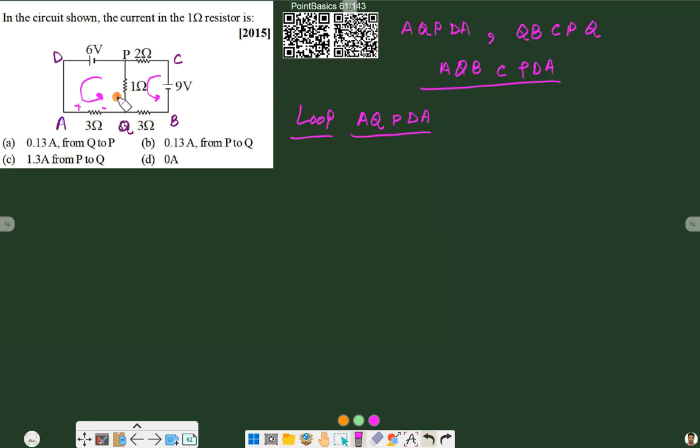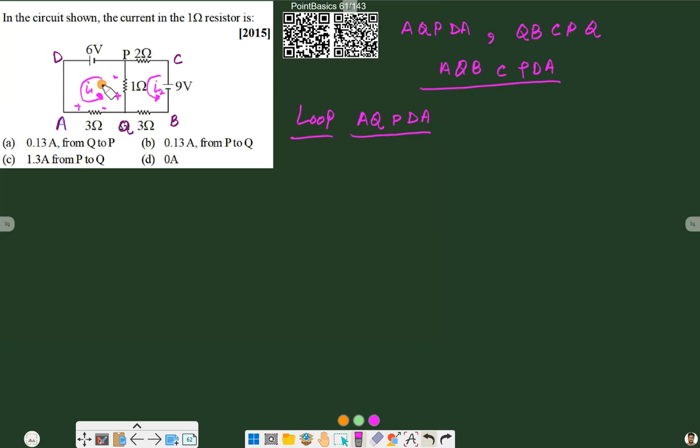Again, positive here and negative here, and we have battery here. And for this resistance of 1 ohm between P and Q, this current is I1 and this current is I2. So we can see I1 is going from bottom to top. I1 is going from Q to P, and I2 is going from P to Q.